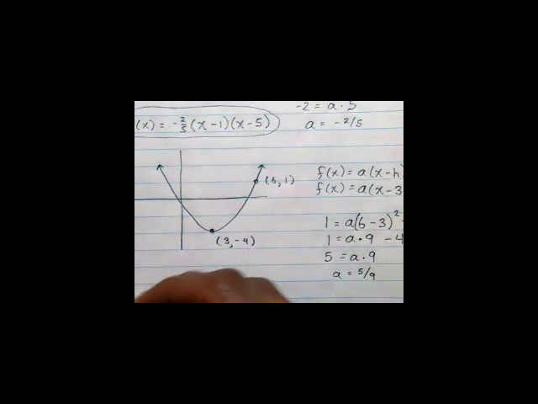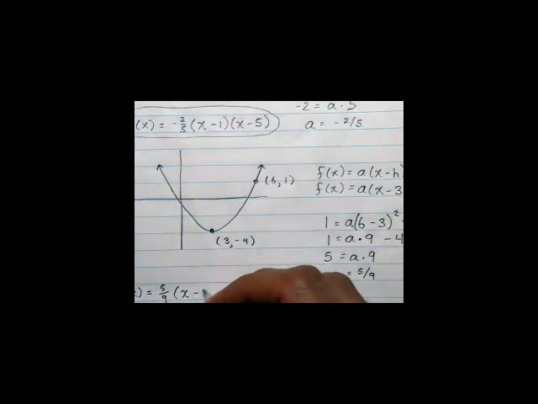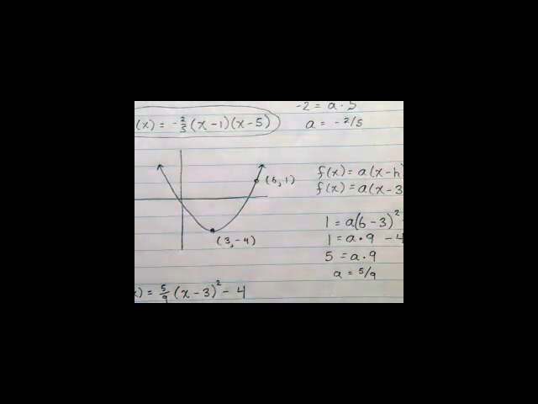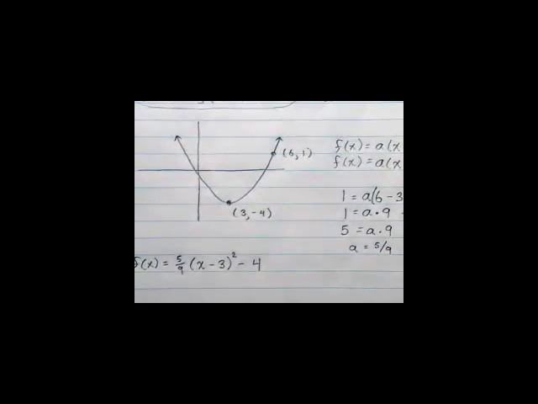So, all right, so f of x for this one then is going to be 5/9 times x minus 3 squared minus 4.